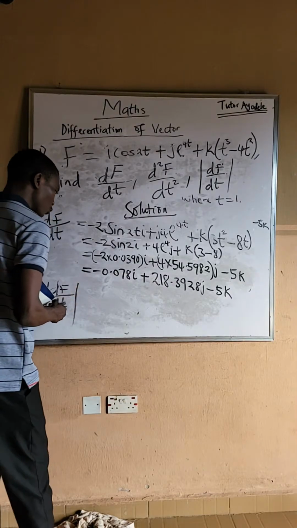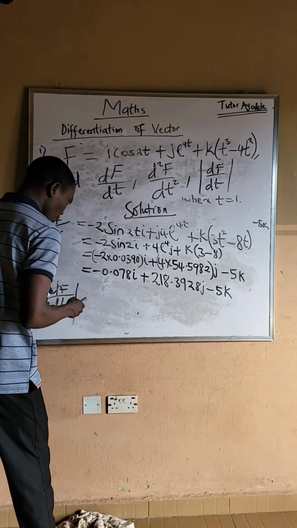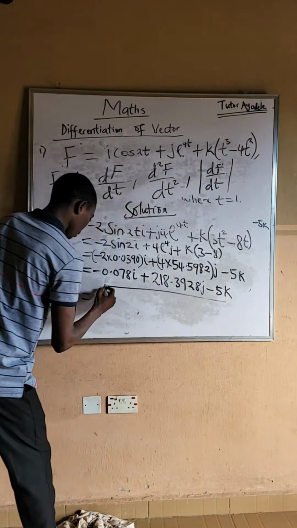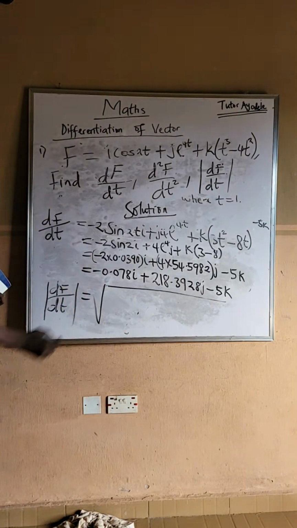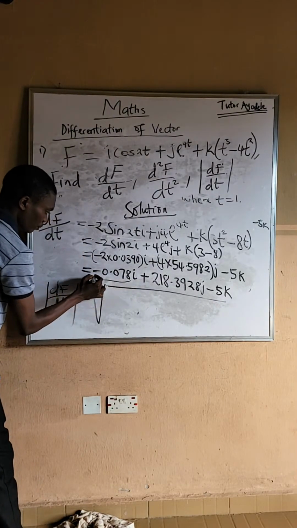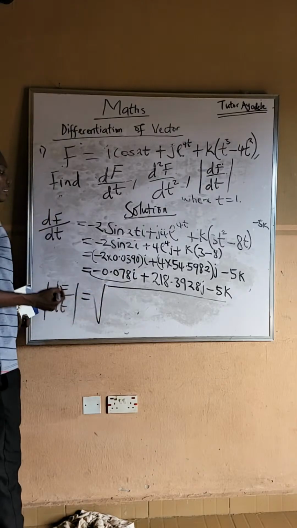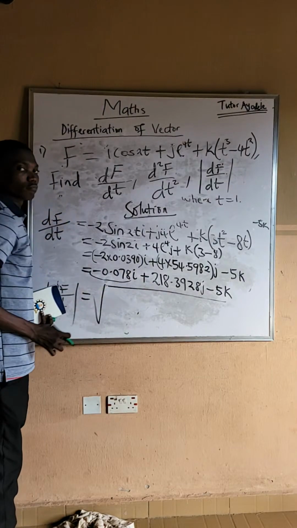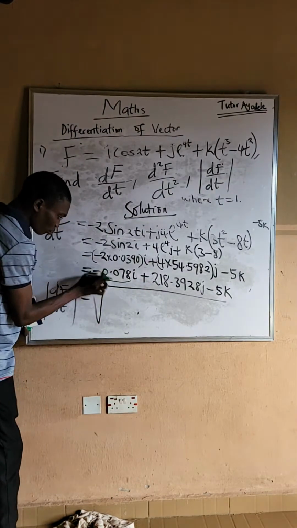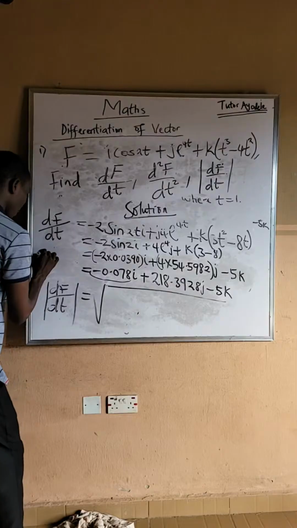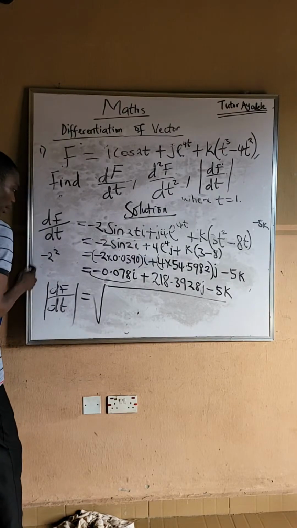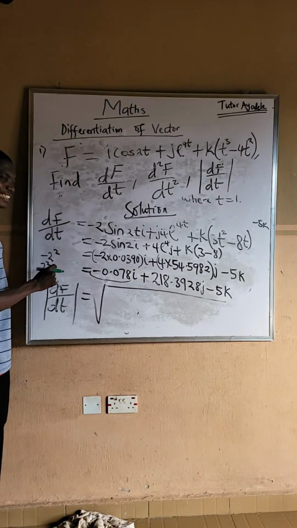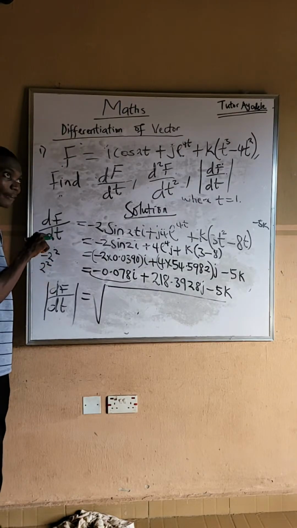So to find the magnitude now, the magnitude will be... so what is there? Square. There are times you don't need to put minus here. You can just find this square. Why? If you say minus 2 squared and 2 squared, as far as the power is an even number, the minus will cancel.